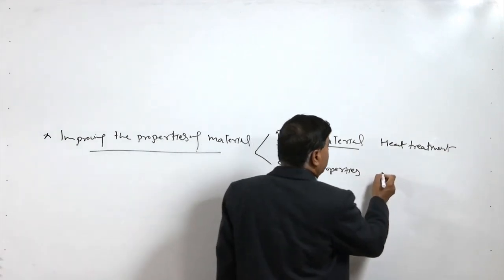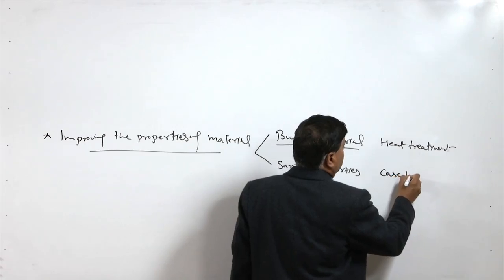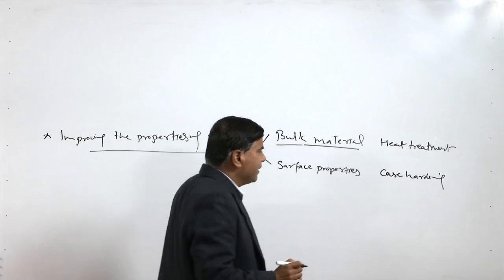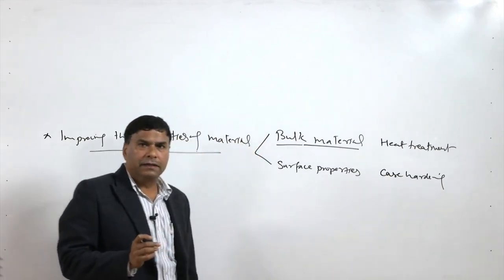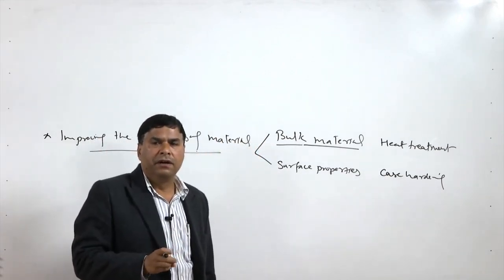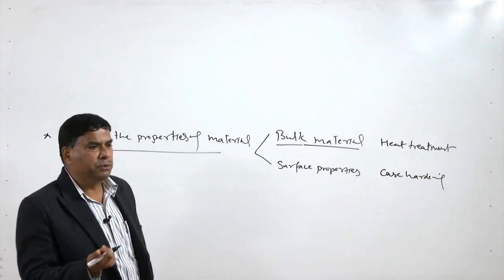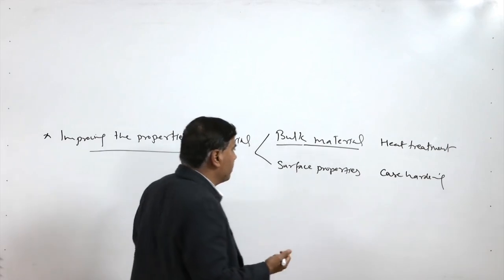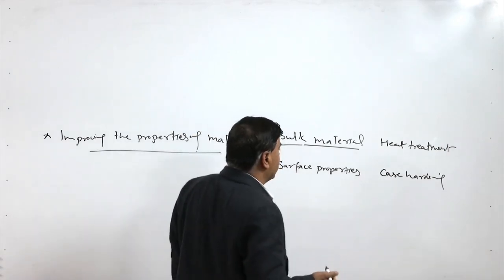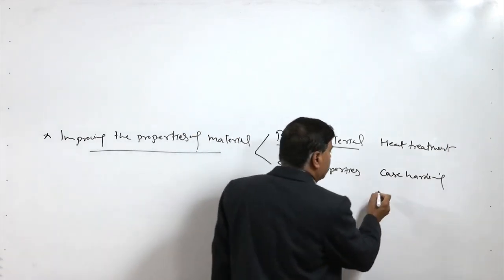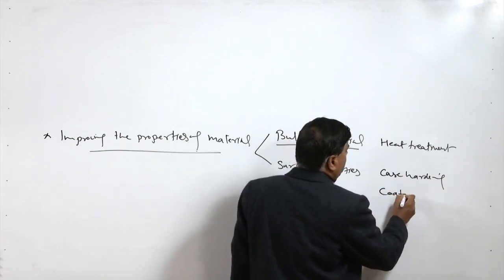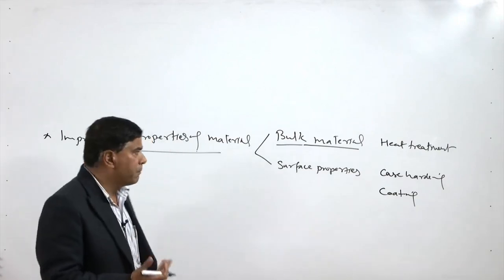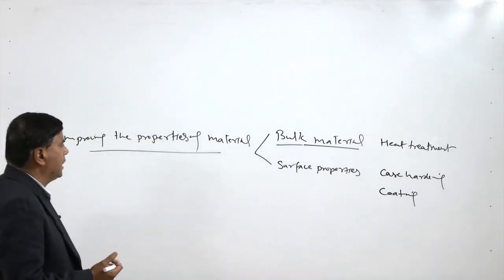And in this category we have the case hardening process, wherein either just the structure is modified or the chemical composition near the surface layers is modified, so that the desired set of properties near the surface can be achieved. There is another method wherein coatings are applied at the surface, so that the desired properties can be achieved.